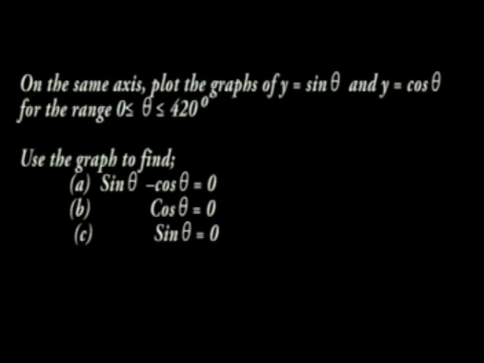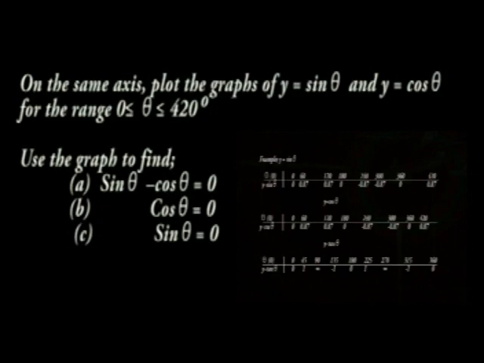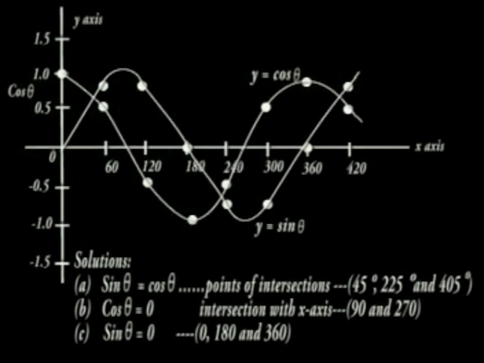Use the graph to find theta when sin theta minus cos theta is equal to 0, cos theta is equal to 0, and sin theta is equal to 0. In our solution, using the above tables that we already had, we can have the following graphs shown below.